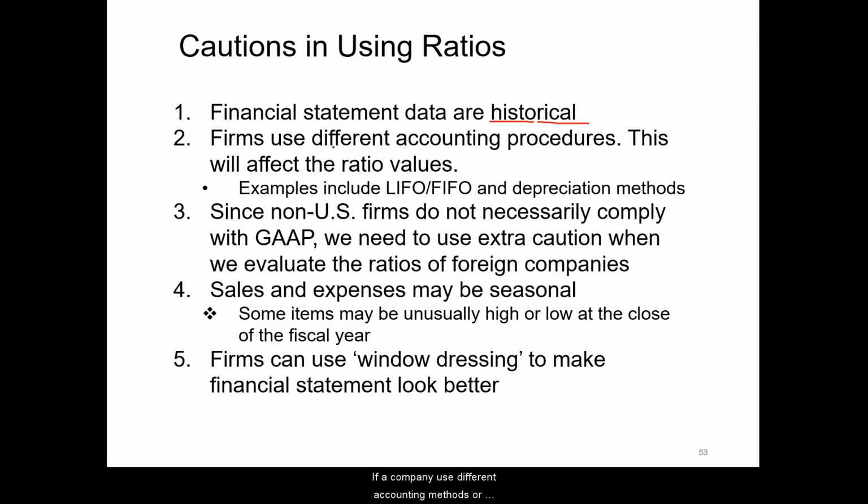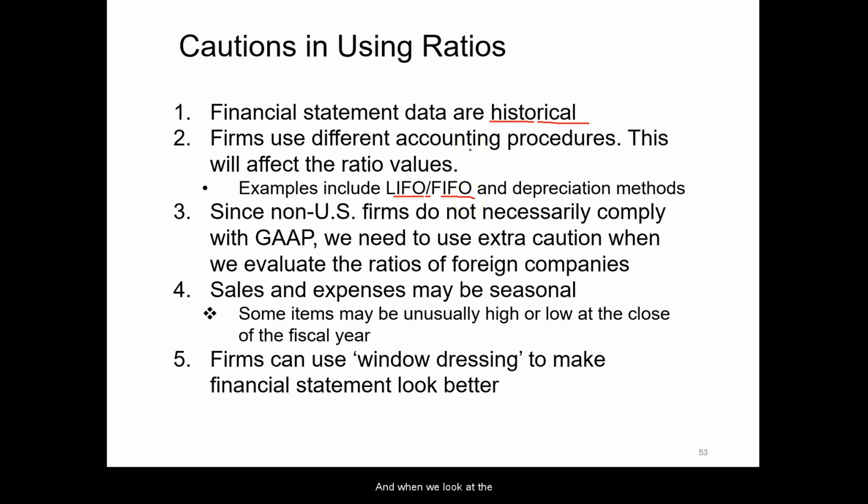If a company uses different accounting methods or approaches, the different accounting method can affect the numbers in the financial statement, and in turn they will affect the value of those ratios. So for example, if the company uses LIFO versus FIFO, the inventory balance will definitely be affected, and then when you calculate the inventory turnover ratio, your ratio result will be affected.